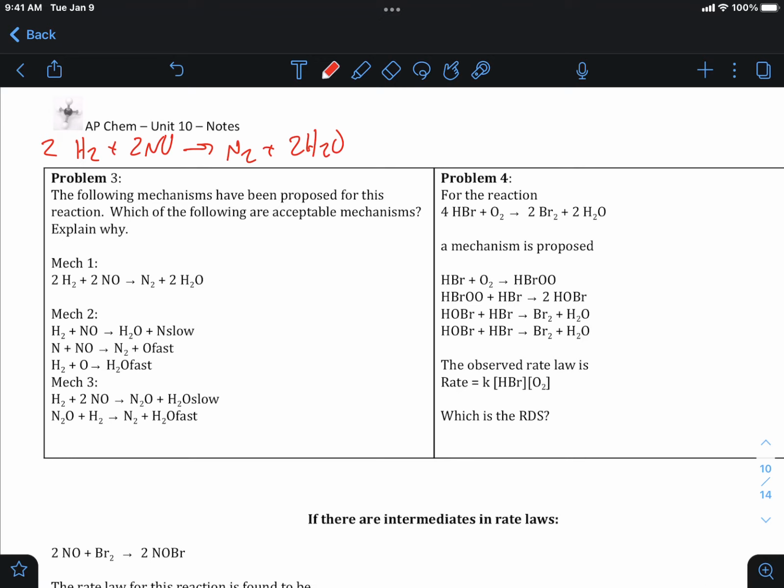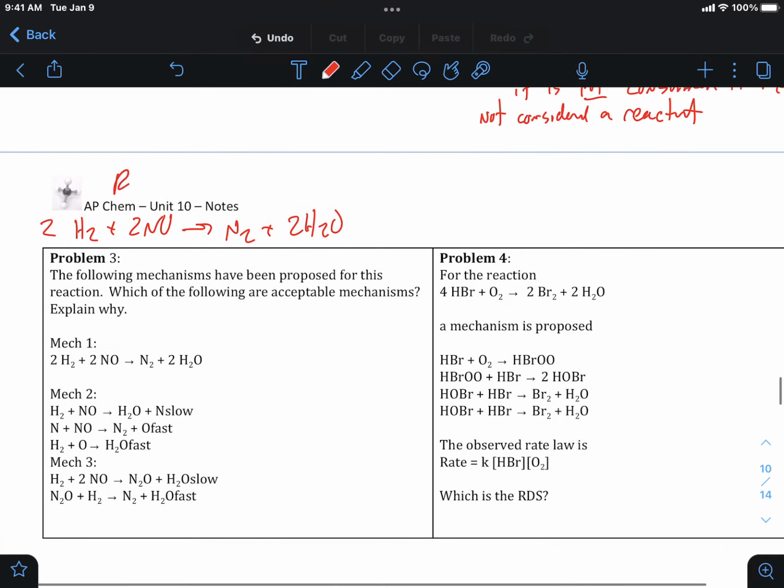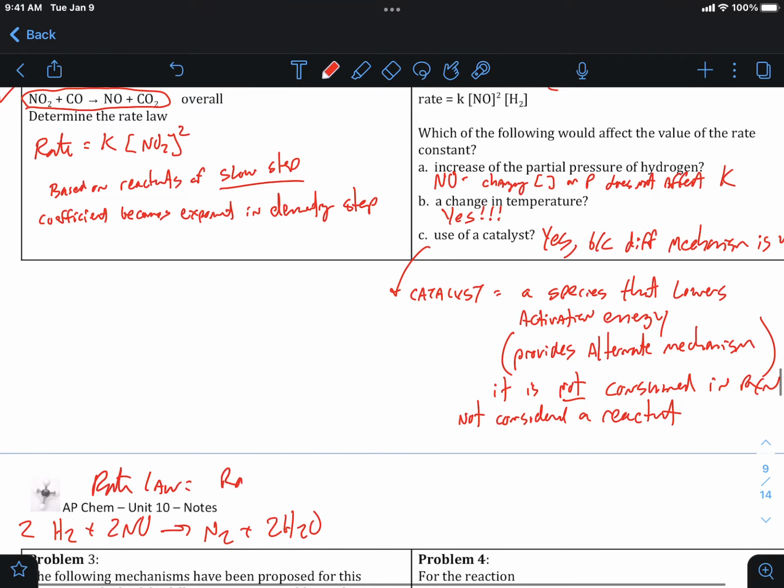So the first proposal says that this happens in one step. One step with 2 molecules of hydrogen reacting with 2 molecules of nitrogen oxide. Remember how the observed rate law was, up here, rate equals K times NO squared times H2.